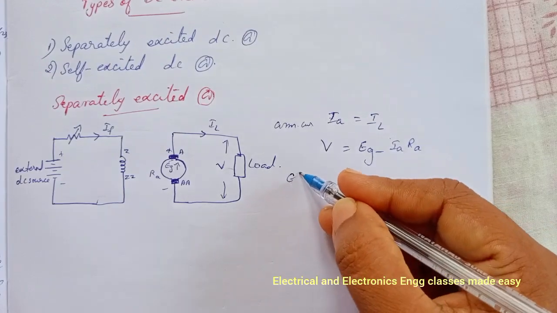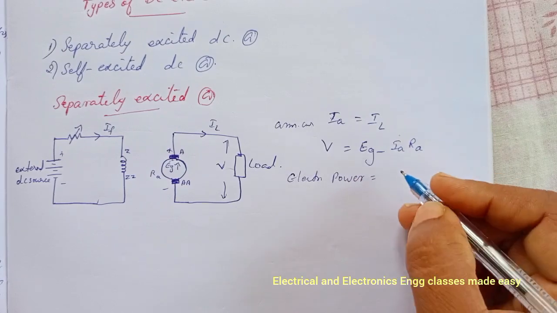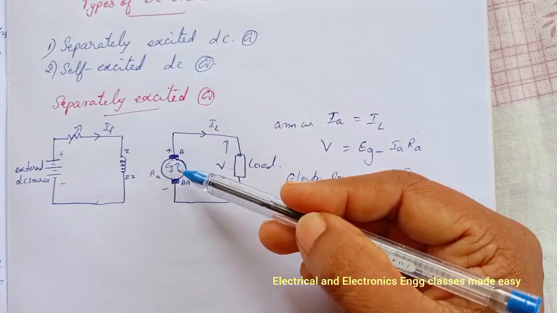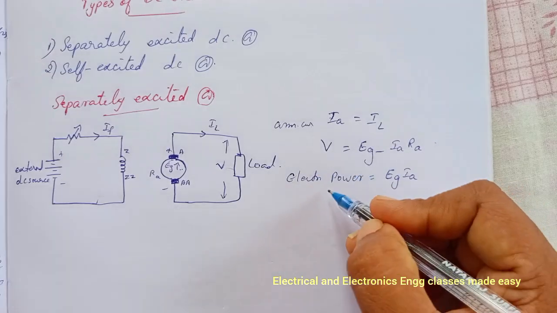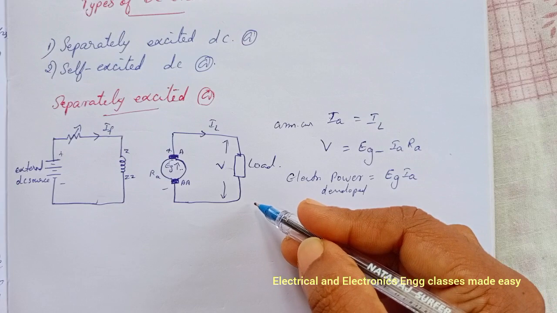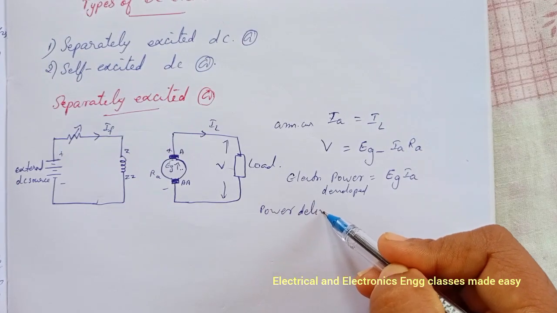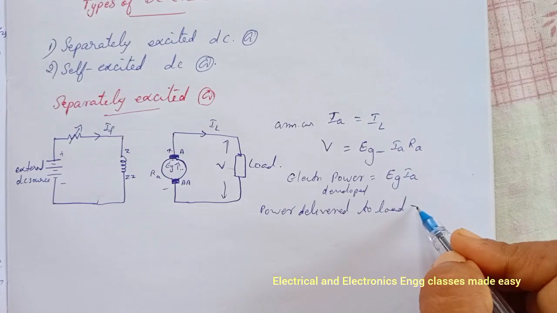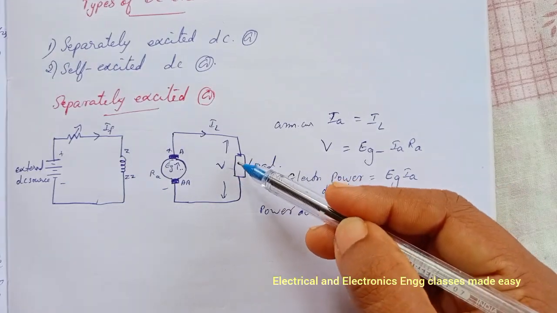And electrical power developed is equal to EG into IA. Then the power delivered to the load is equal to V into IL, that is voltage into current.